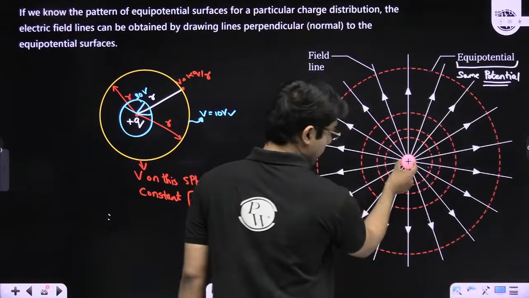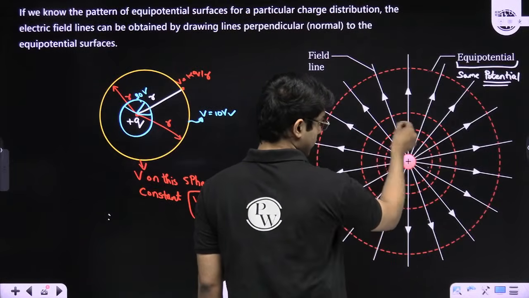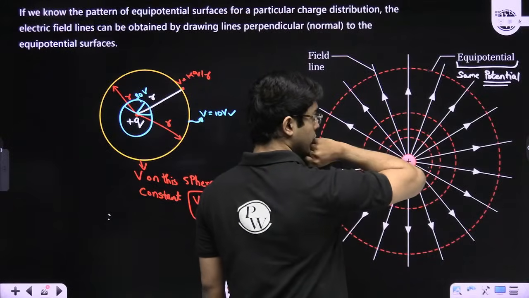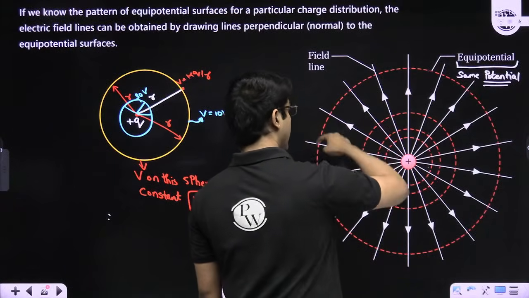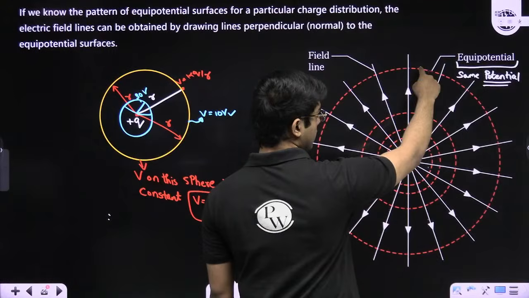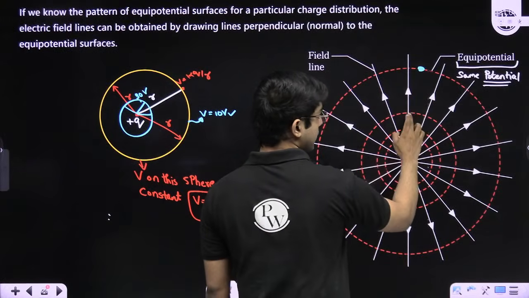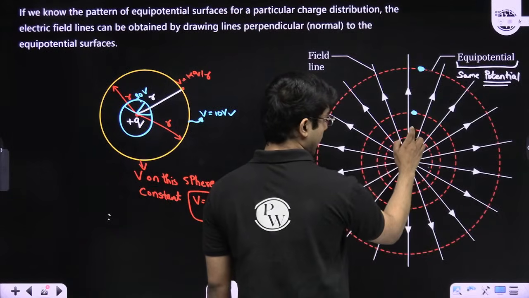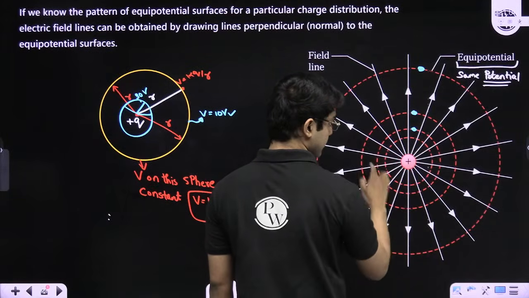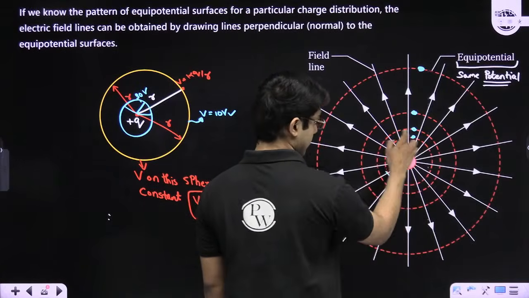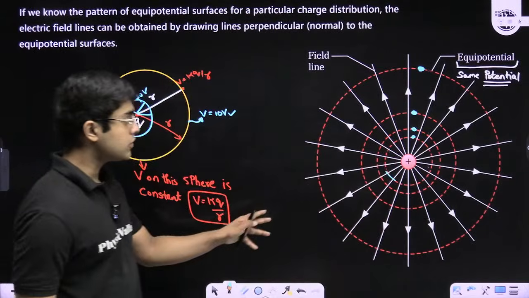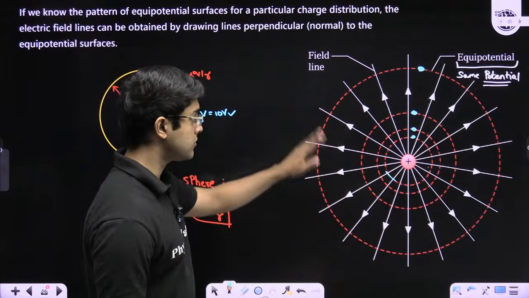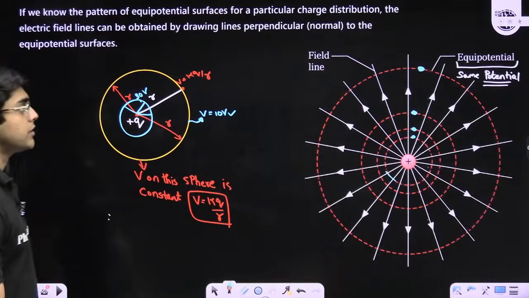So if you are talking about a positive charge, it will be these concentric spheres. Any point you take on this sphere, the potential will be the same. Similarly, any point you choose on this inner sphere, the potential will be same. Here, same in this sphere, and in this sphere also it will be same. So for a point charge, the equipotential surfaces are going to be spheres, spheres with the same center.